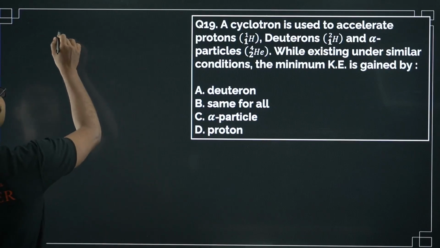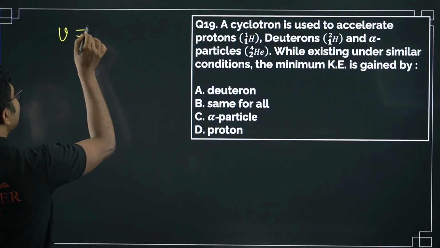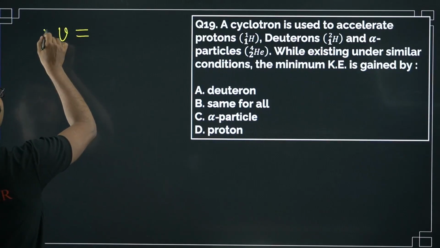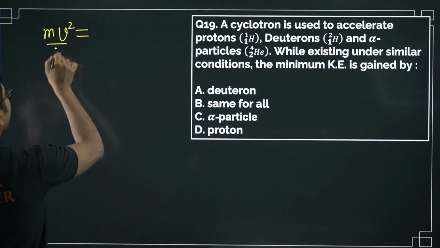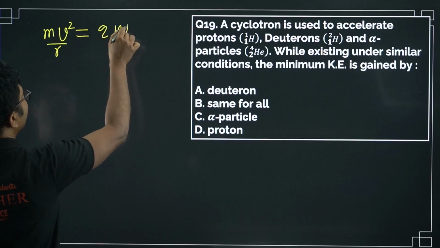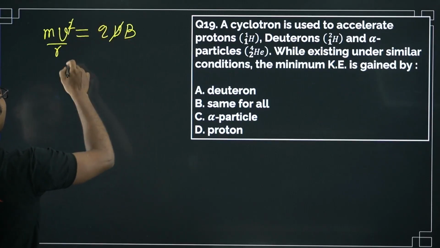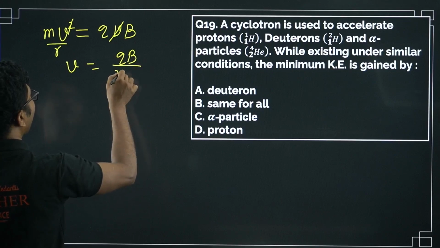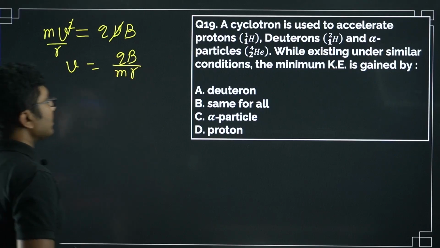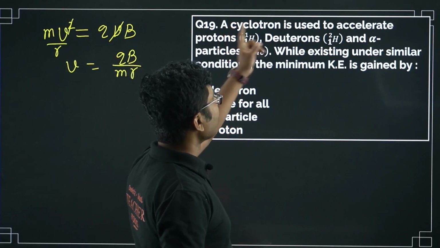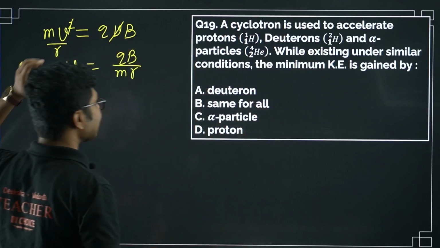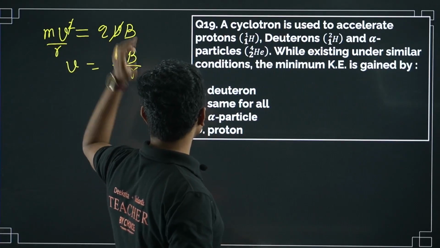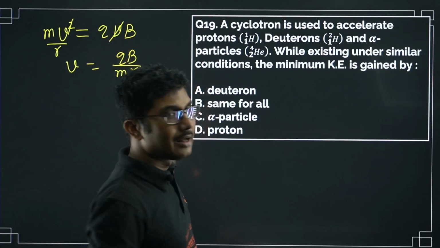So what was the formula for velocity? mv square by r equals qvb. So v cancels, so v is basically qb by mr. It is said that the cyclotron is used to accelerate, both are getting accelerated, same radius, everything is same, magnetic field is same, only q and mass will be different.